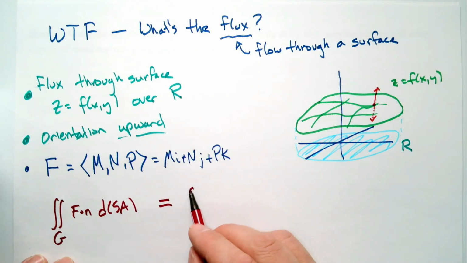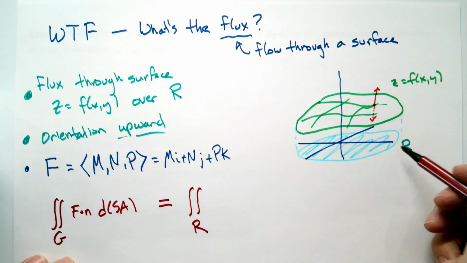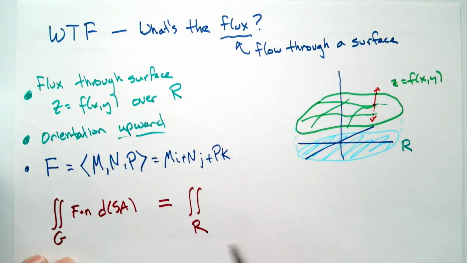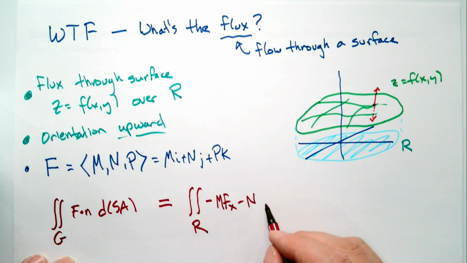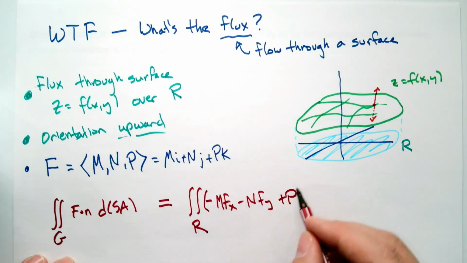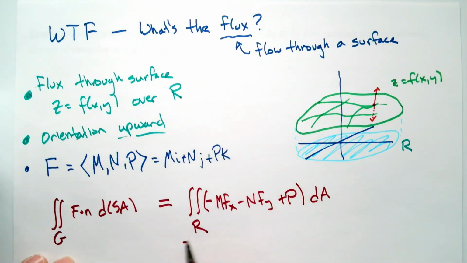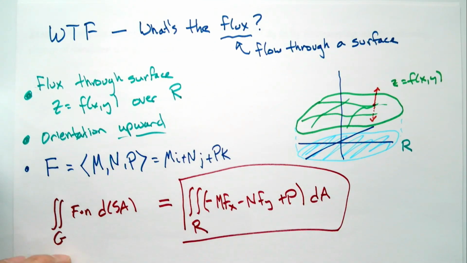What you do is you convert your surface integral into an integral over R. So instead of working on the surface, you work down over R. F dot n becomes minus M f sub x minus N f sub y plus P. And then you have dA. So this is the formula you'll need to remember.